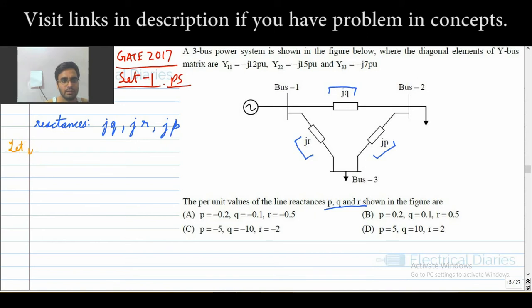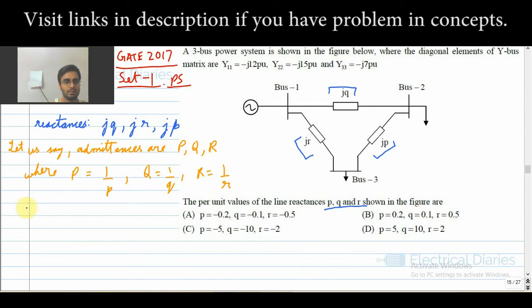Let us say the admittances are P, Q, and R, where P is equal to 1 by P, Q is equal to 1 by Q, and R is equal to 1 by R. In this fashion we can analyze this question. Now we will write the equations.